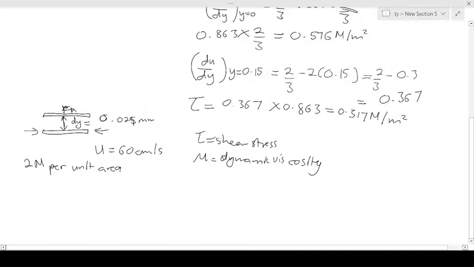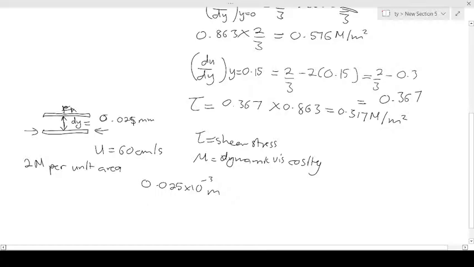Okay, so we have our distance between plates to be 0.025 millimeters, but this is not in meters, so we want to convert everything we have here to standard units. So this is going to be 0.025 times 10 raised to the power minus 3 meters. And then we also have our velocity, which is in centimeters. We want to convert it to meters.